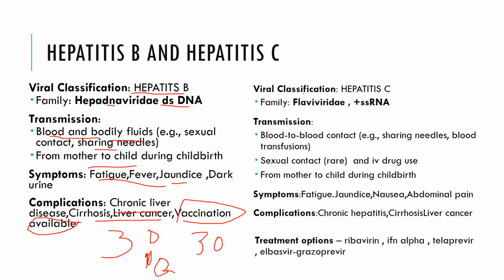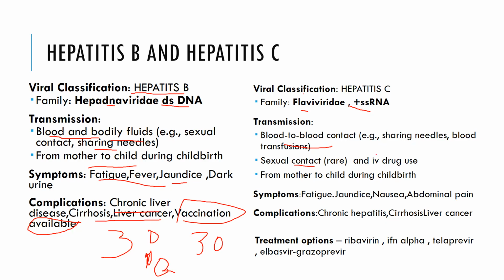Hepatitis C comes from the family Flaviviridae, and it is a positive sense single-stranded RNA virus. It is also transmitted through blood or sharing needles, and can also be sexually transmitted, but this is rare.